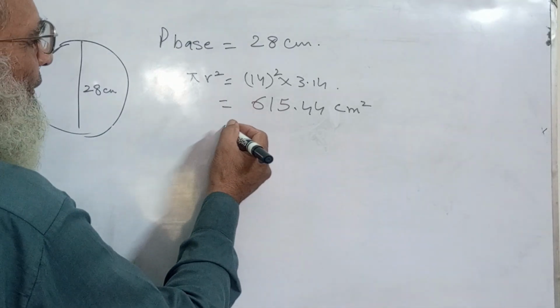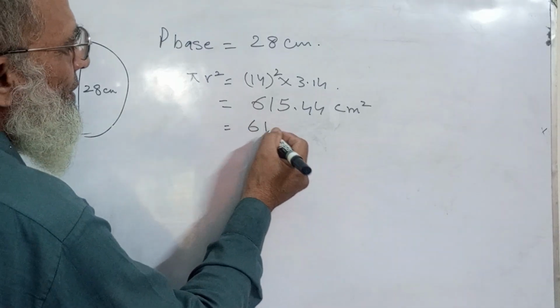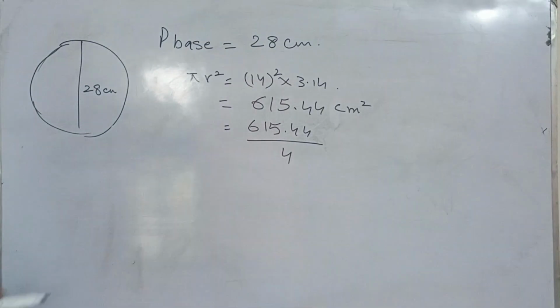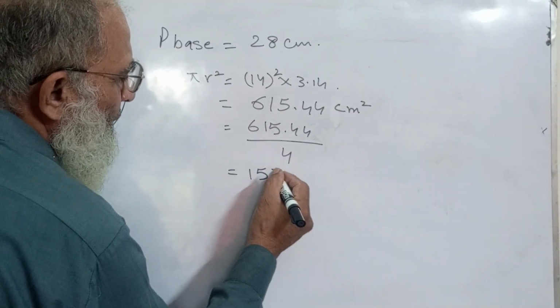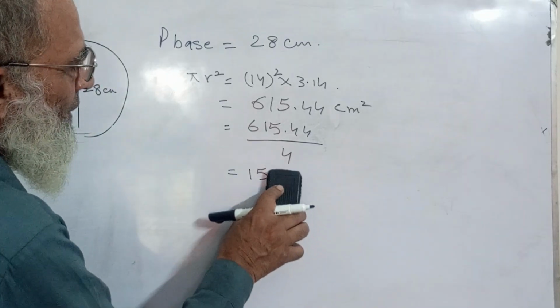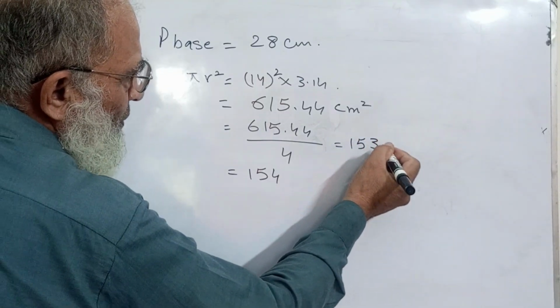So we have to divide this area into 4 equal areas. 615.44 divided by 4, the area will become 153.86.